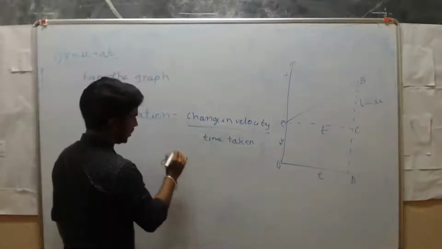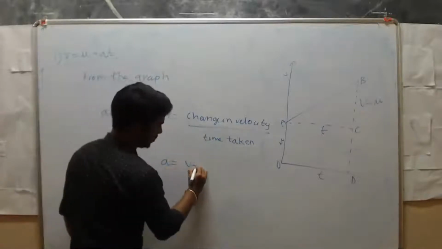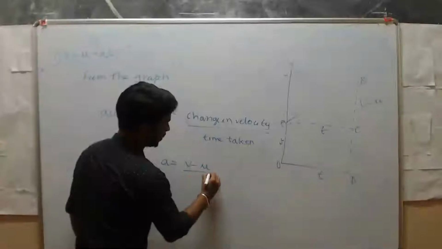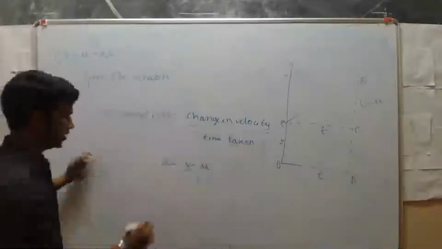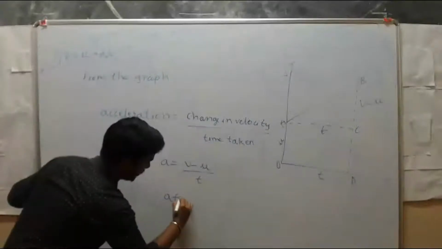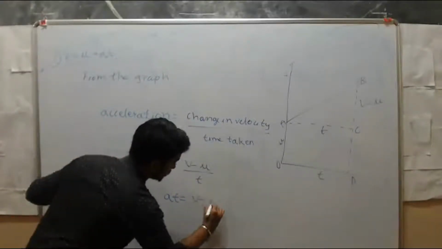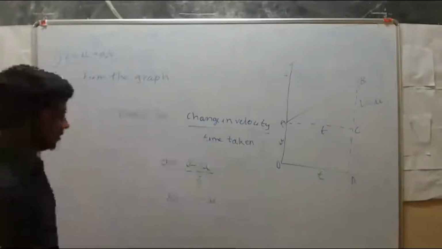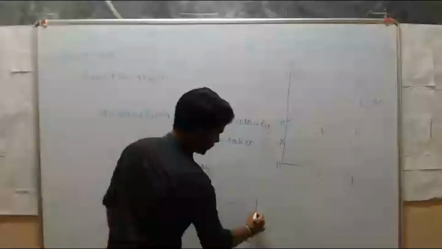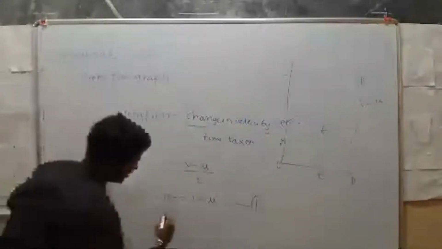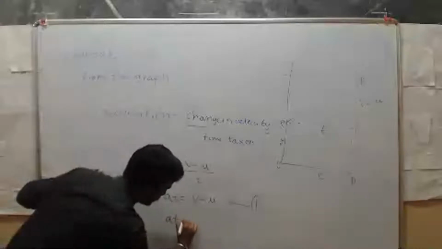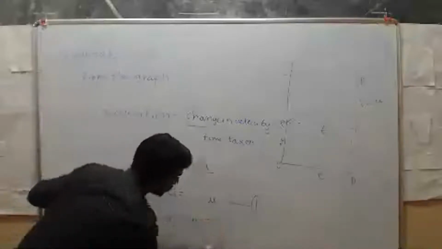Acceleration is a, change in velocity is v minus u, and divided by time taken is t. Now bring t to this side, that is at is equal to v minus u. Call this equation 1. Next bring u to this side, at plus u is equal to v.